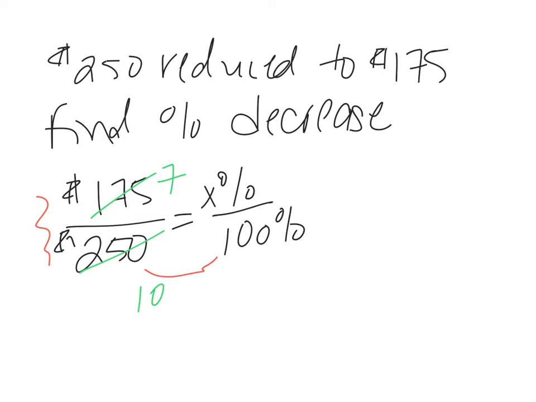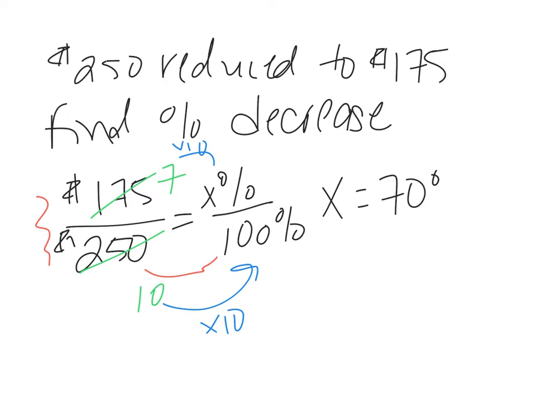Okay, so again, 10 times 10 is 100, and 7 times 10 is 70%. Okay, that is not how much it's decreased though. That's how much the 175 is. So if I've paid 175, that means I have saved 30%.